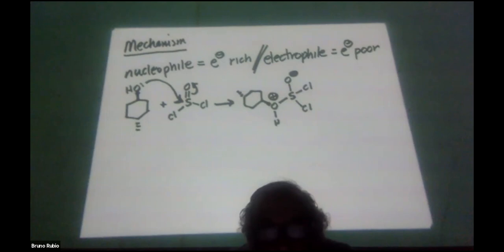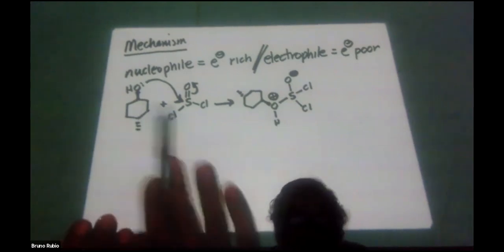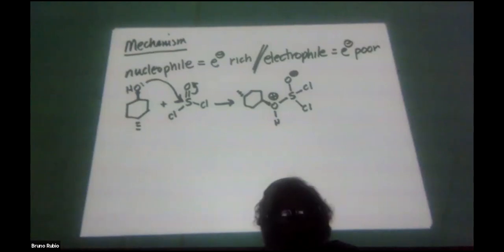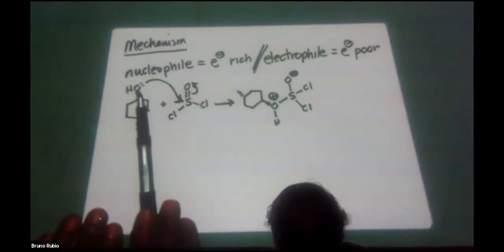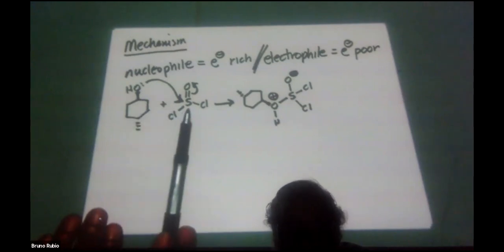Okay, a couple of comments about the structure that I've drawn is that these arrows represent the motion of electrons, not the motion of atoms, right? This arrow is saying that the electrons around this oxygen attacked the sulfur atom.